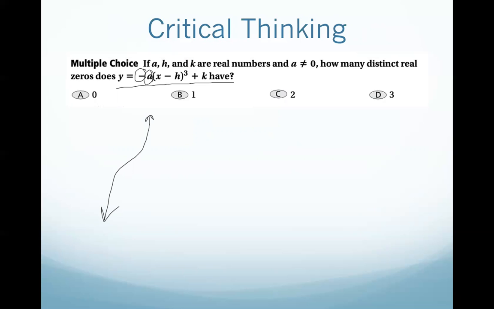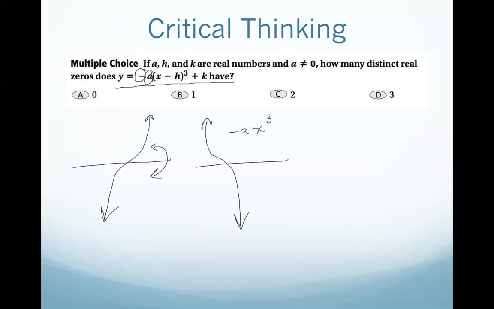Remember what that negative did on our last problem? The negative flips it upside down. So now we have something like this, and it might be stretched somehow, but that doesn't really change its shape, right? So now we have negative a times x cubed, and minus h moves it sideways.